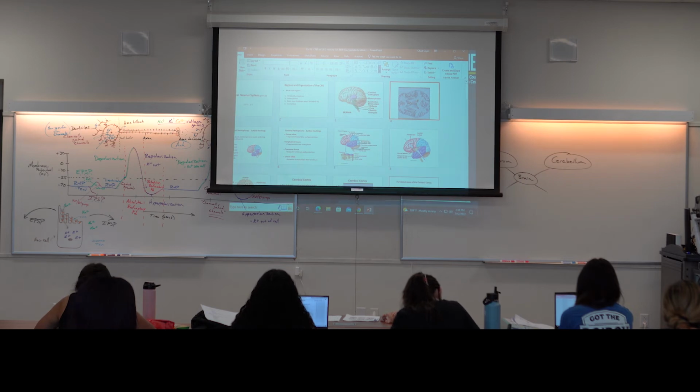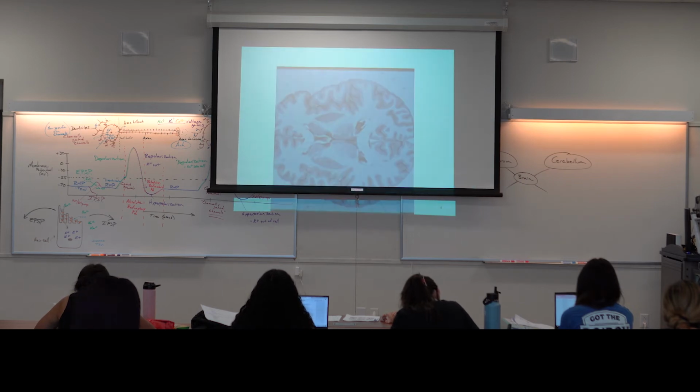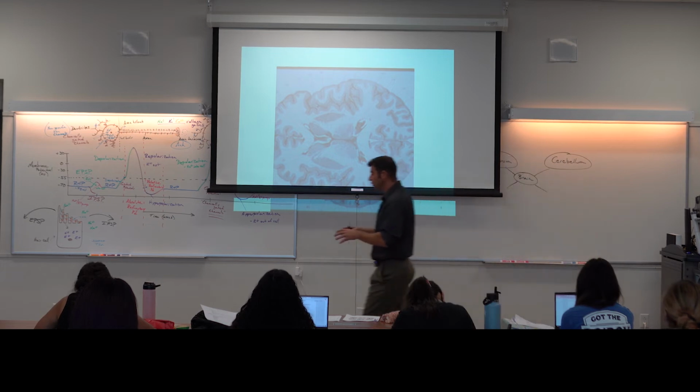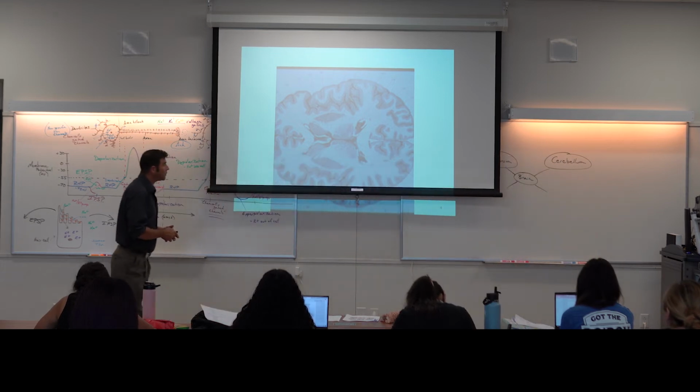Anyway, here's just another picture I'll show briefly of one of these transverse cuts through the brain. You can see this cerebral cortex, the outer 2 to 4 millimeters of these cerebral hemispheres, which are dark staining. Again, they're dark staining because there are just dendrites and cell bodies. There are no myelinated neurons.